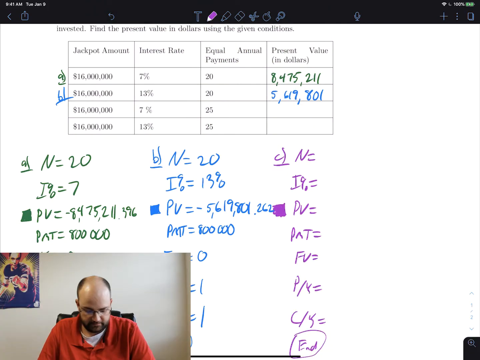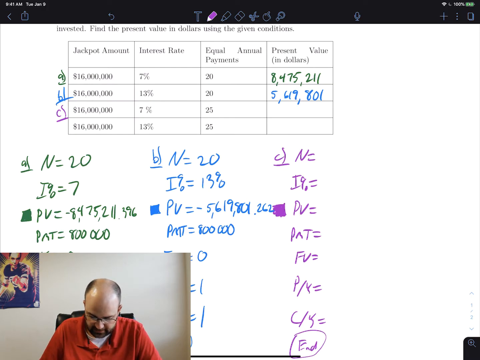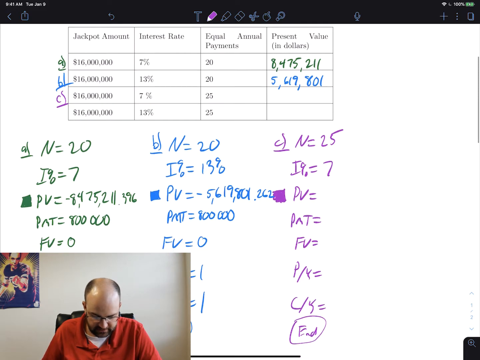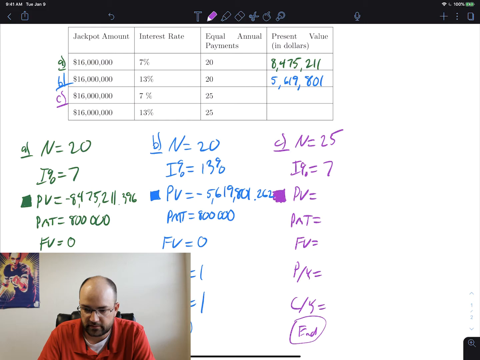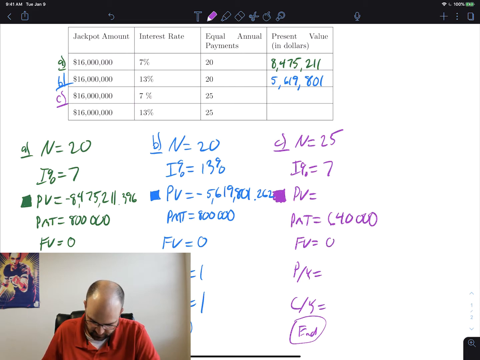Letter C, which will be this row. N is now 25. I% is 7. Present value is what we're trying to find. PMT is the payments, but it's going to be 16 million divided by 25. I'm typing that into the PMT on the calculator, and that is 640,000. Future value will be 0, 1 and 1 for each of those.